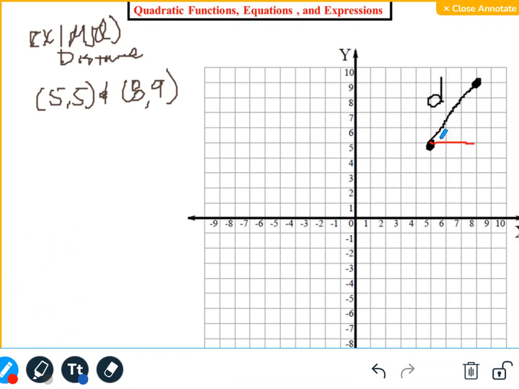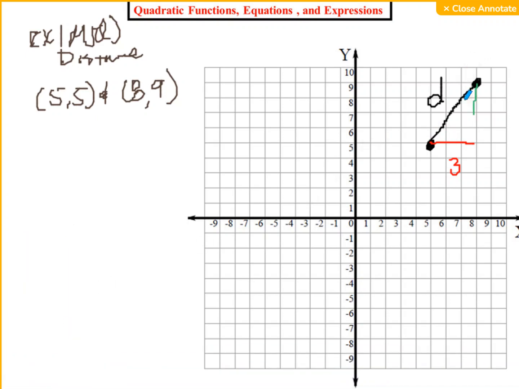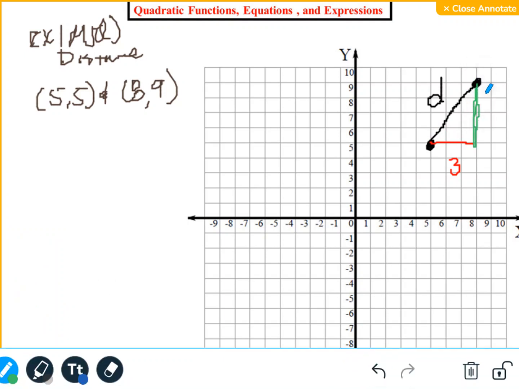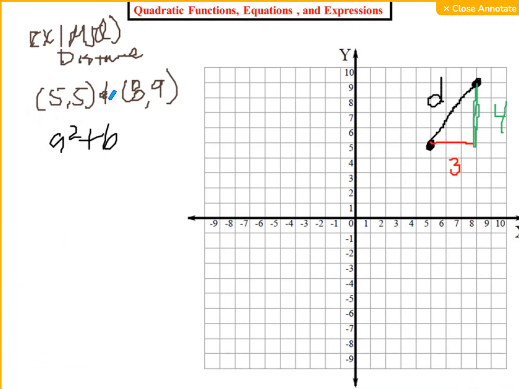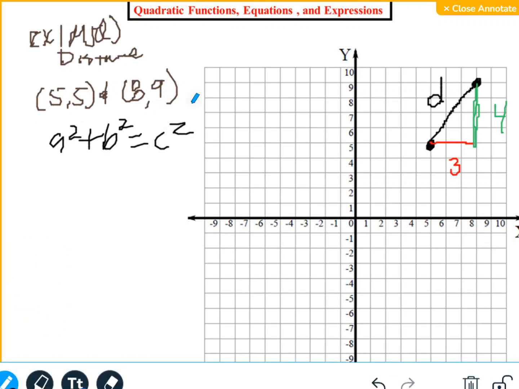And that's how many units? 3. And the height? How many units? 1, 2, 3, 4. Okay. And the rest is history, yes? A squared plus B squared equals C squared.